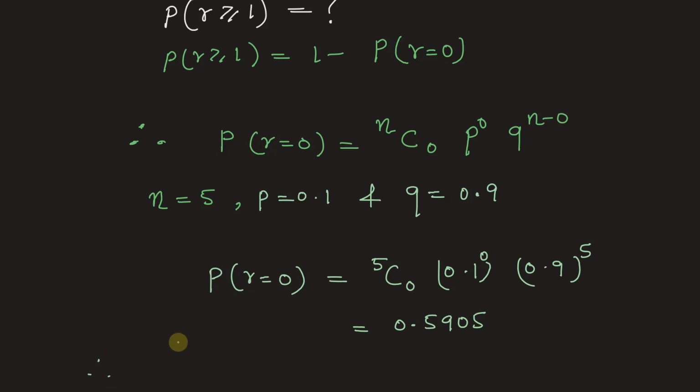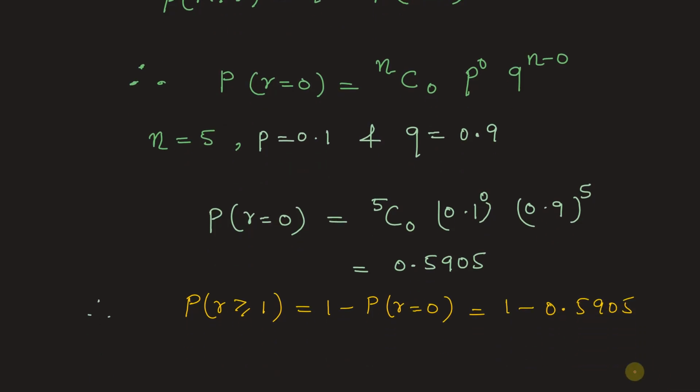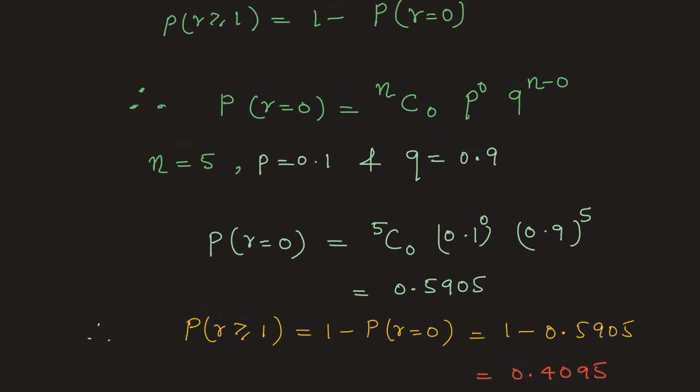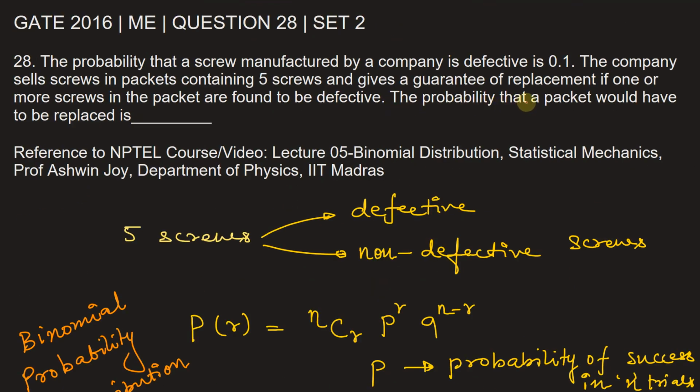Therefore, the required probability, which is P of R greater than or equal to 1, is equal to 1 minus P of R equal to 0, which is 1 minus 0.5905. Again, this probability will be equal to 0.4095. Okay. The probability that a packet would have to be replaced is 0.4095.